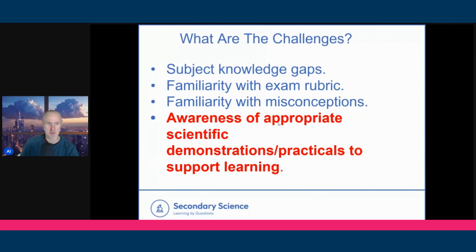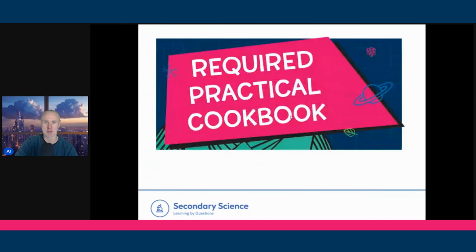And this last one I've put in red here, awareness of appropriate scientific demonstrations and practicals. The reason that's in red is because if you take nothing away from the rest of this webinar, I want you to take this away. This will help you, your students and any non-specialist teacher in the department when it comes to communicating the important information for the required practicals to your students.